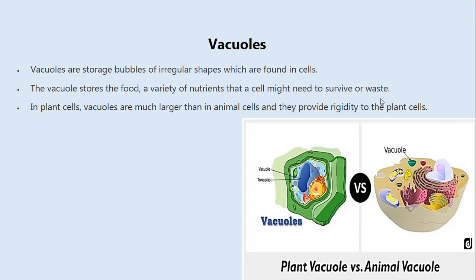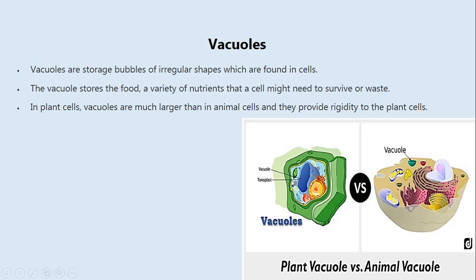First is the vacuole. The vacuoles are nothing but the storage bubbles. They are irregular in shape and are found in the cell. The vacuoles generally store food, a variety of nutrients the cell might need to survive, or the waste also.